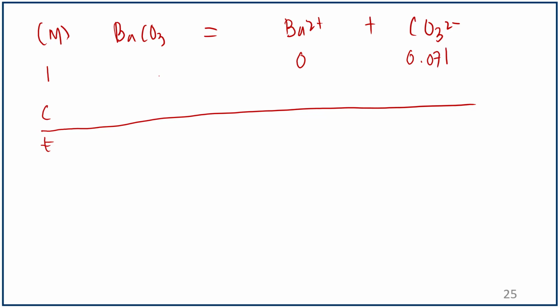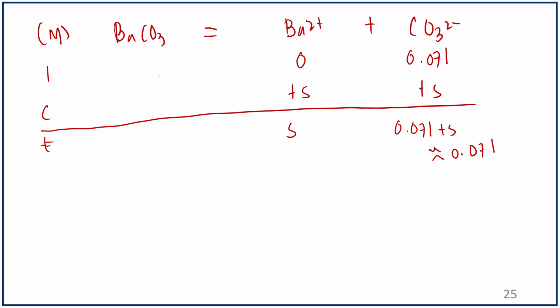Note that in using this number 0.071, we're shooting for a total volume of the solution to be equal to 70 mL. So we're still working here at the 70 mL solution total. This one will be plus S at equilibrium, plus S. This will be S. This will be 0.071 plus S, and then we can assume that this is just 0.071.